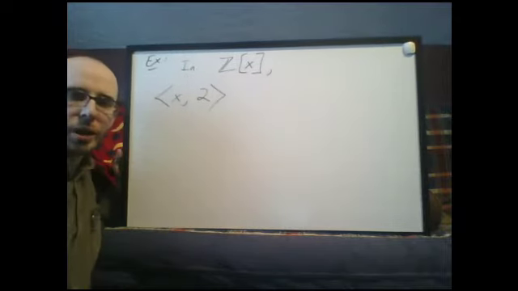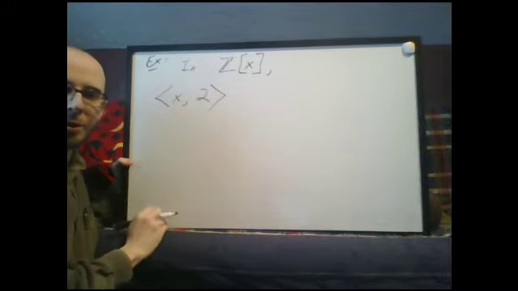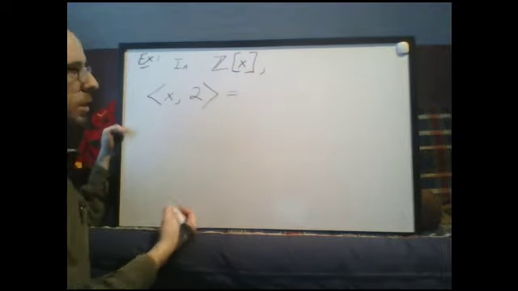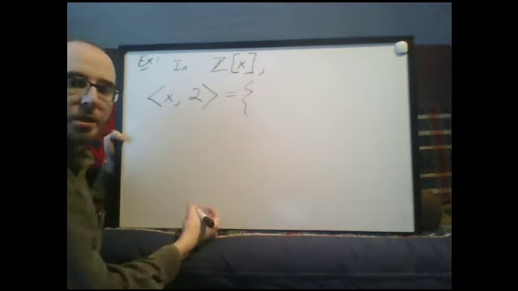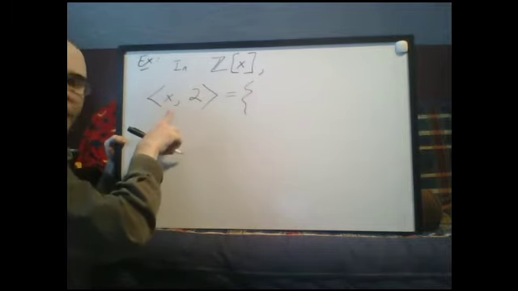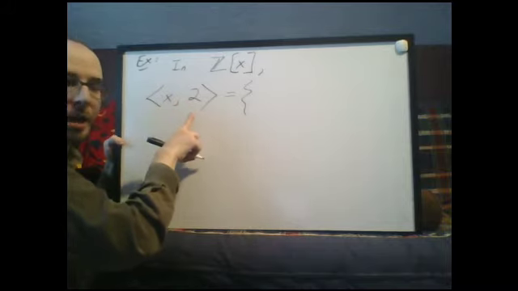Let's take the two elements x and 2. So these are separate polynomials, but they're both integer polynomials. So by the definition, this would be everything that can be written as a polynomial times x plus a polynomial times 2.